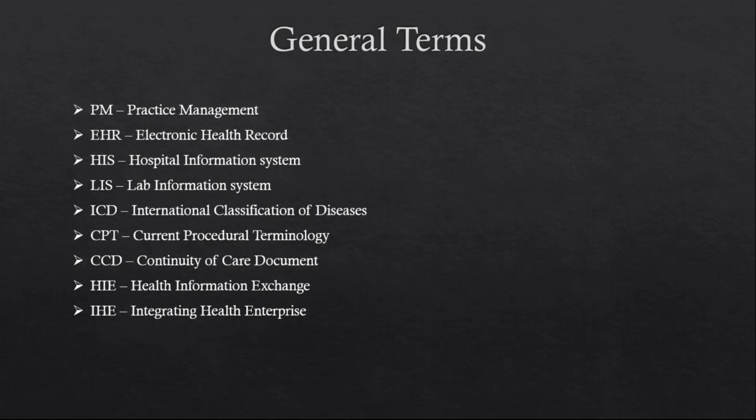Then CPT is Current Procedural Terminology, which identifies what type of procedure has been performed once a certain disease is identified for the patient. We have a list of CPT codes, which indicate various types of procedures.